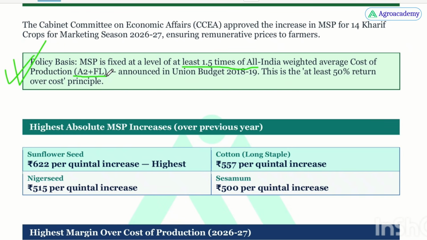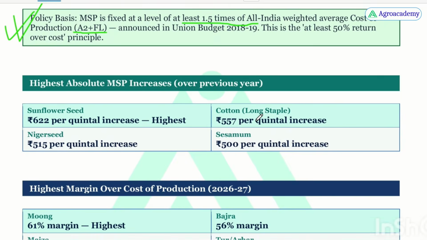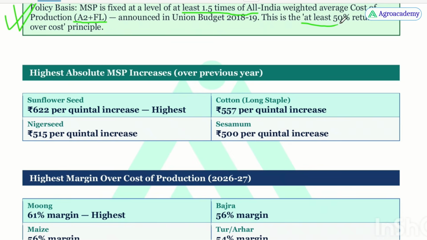There are three methods in MSP calculation: the A1 method, then the A2 plus FL method, where FL stands for family labor, and then the C2 method. MSP ensures at least 50% return over their cost of production to the farmers.